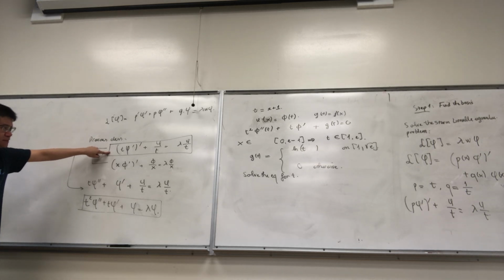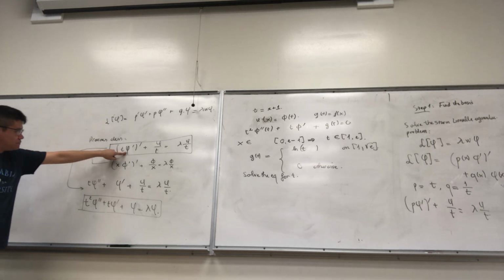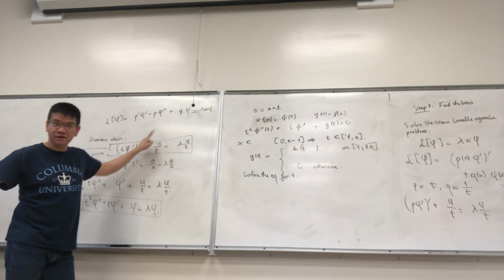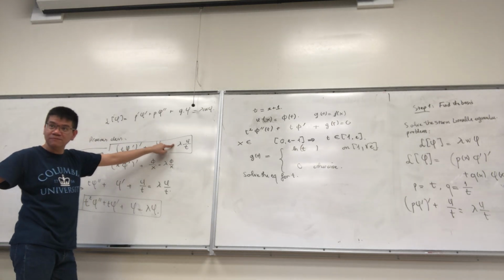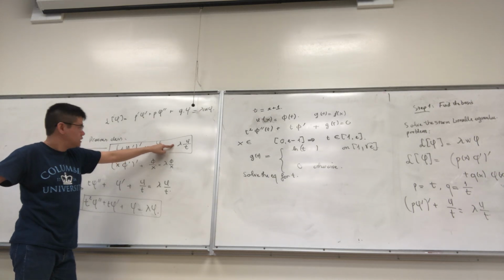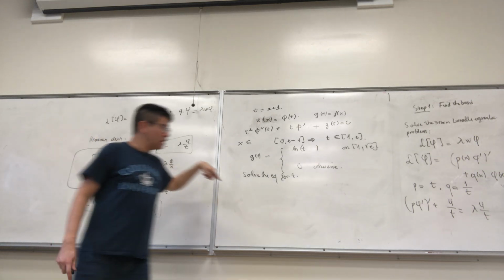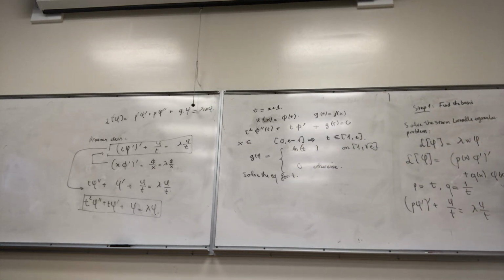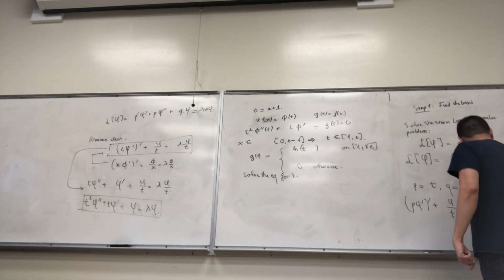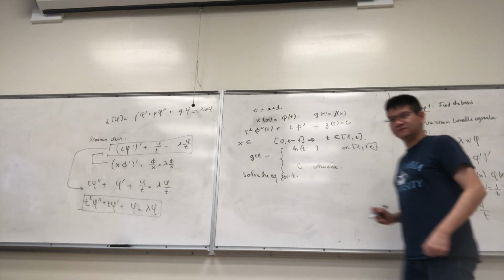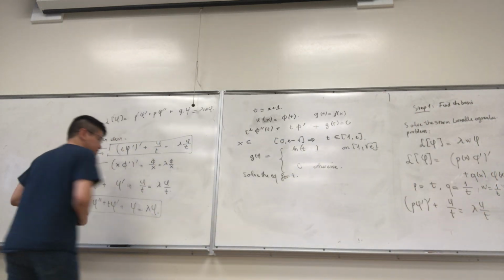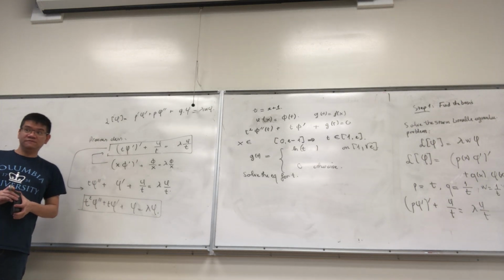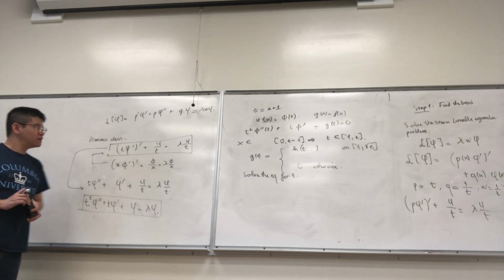So in this case you have t phi prime plus phi over t is lambda phi over t. This is the Sturm-Liouville eigenvalue problem that we considered in the previous class. So in this case p is t, and q is 1 over t, and this is basically the one that we have from the previous class, right? Questions? It's clear, right?